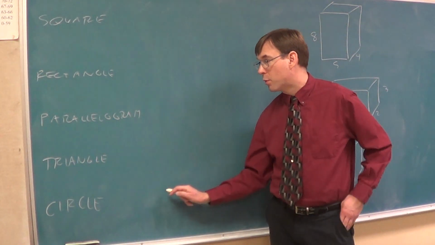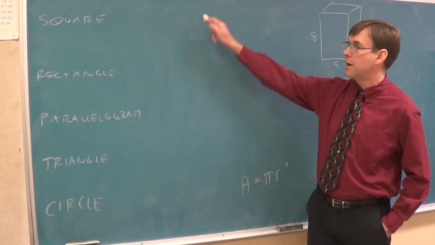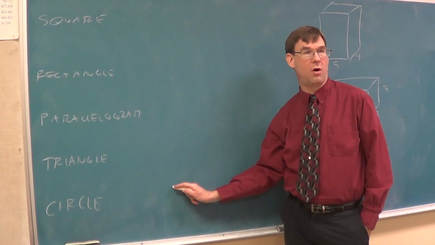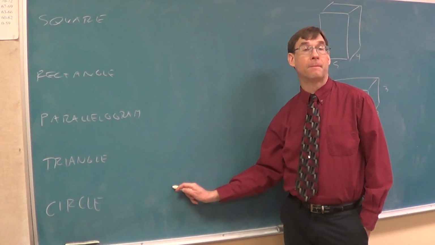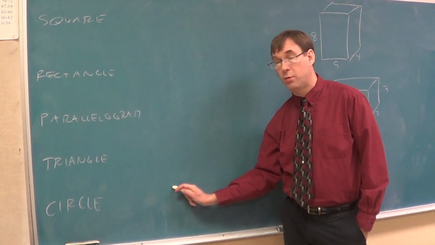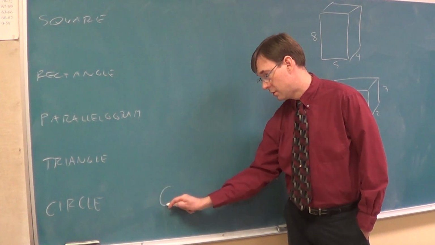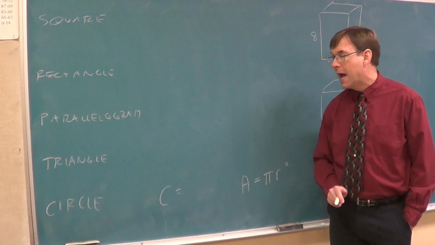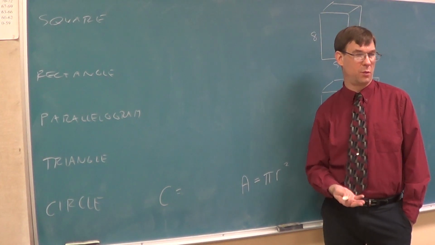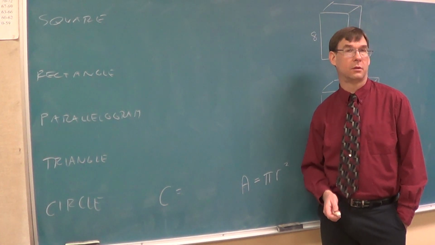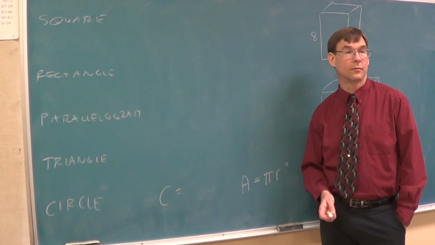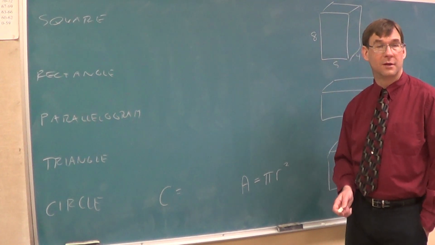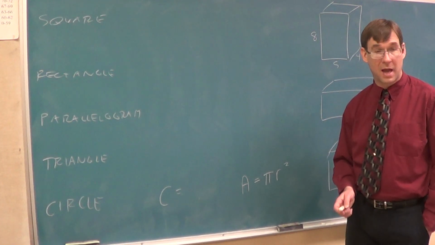Circles don't have a perimeter. This whole column was titled perimeter, but for a circle, it's not called perimeter. What's it called? Circumference. So what am I going to put for that variable? C. So C equals, how did we do the circumference when we just got done doing that unit? Diameter times pi.